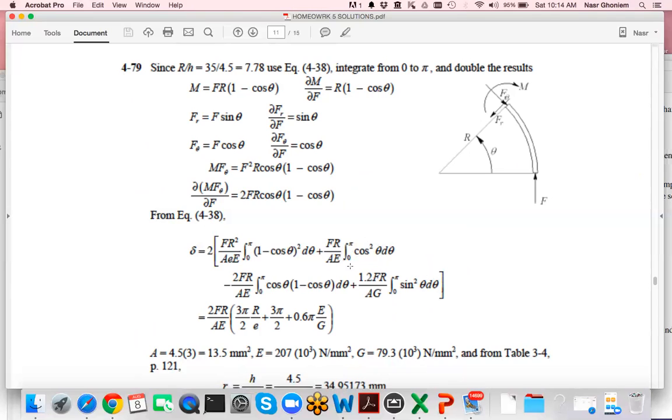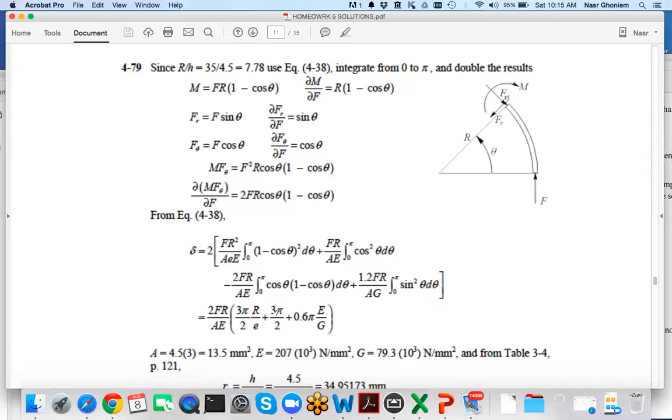When we go through the integrations, hopefully we would have a table to do that. Then we have the components here, and the point to be made is that the first term is going to win, R over e. You can see here, everything is reduced, and the first term is R over e, so it's very large. Therefore, if you have a thin ring, then we can sometimes ignore all of the other contributions.